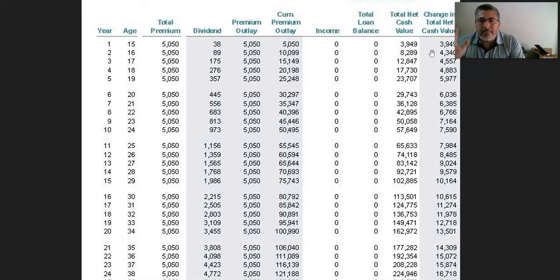But ongoing, there will be a crossover, what's called the crossover point, and that's the point at which you're getting more dividend than you are paying, and maybe that's a bad way of wording it, but you end up with more money than what you put in for the year.